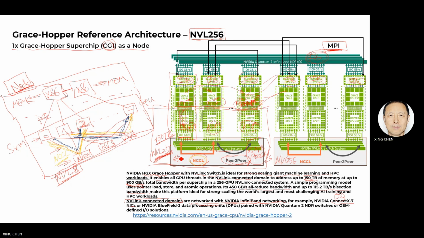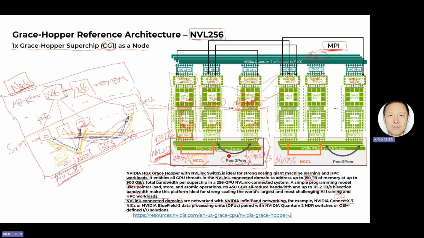For this NVL 256 domain, the NVLink network has 450 gigabytes per second as the all-reduce bandwidth, because this 450 gigabytes per second is half of the NVLink link. So the all-reduce bandwidth is always half of the 900.